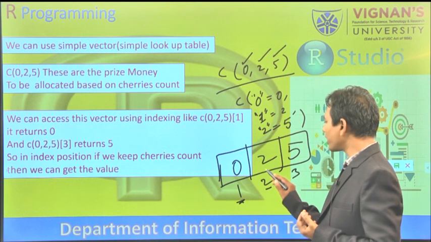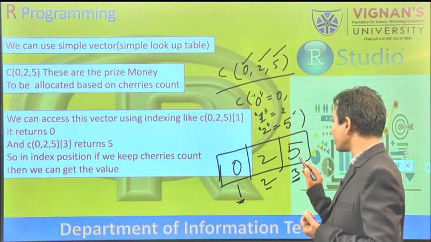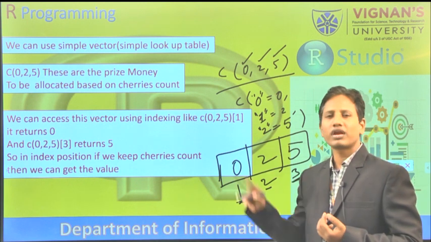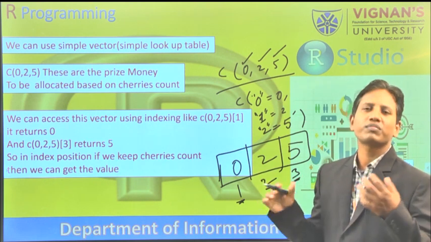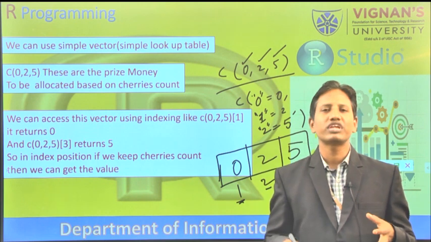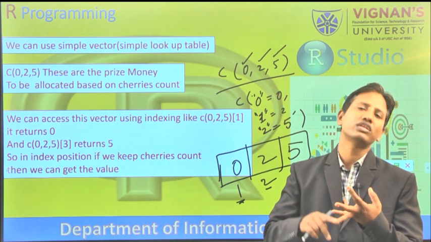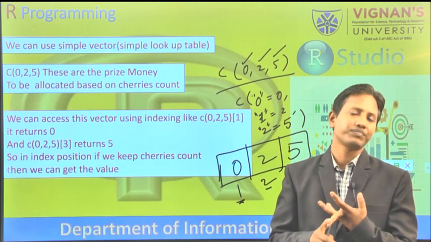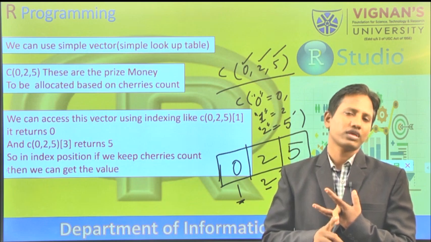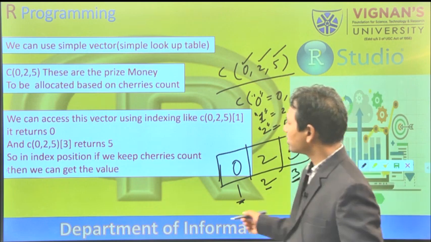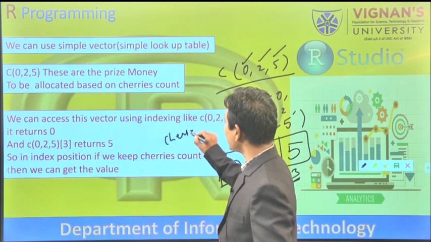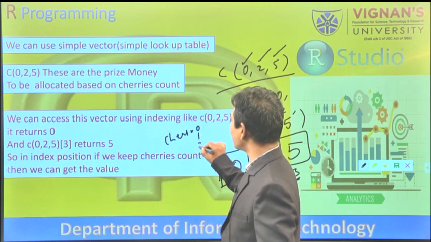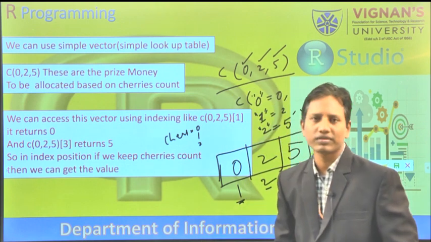If cherry count is 2, you are getting 2. If cherry count is 3, you are getting 5. But in our condition, this is not the way, because there is a possibility to have the cherries only 0, 1, 2, not 3. Okay. So, this variable cherry can be either 0 or 1 or 2, you may get.